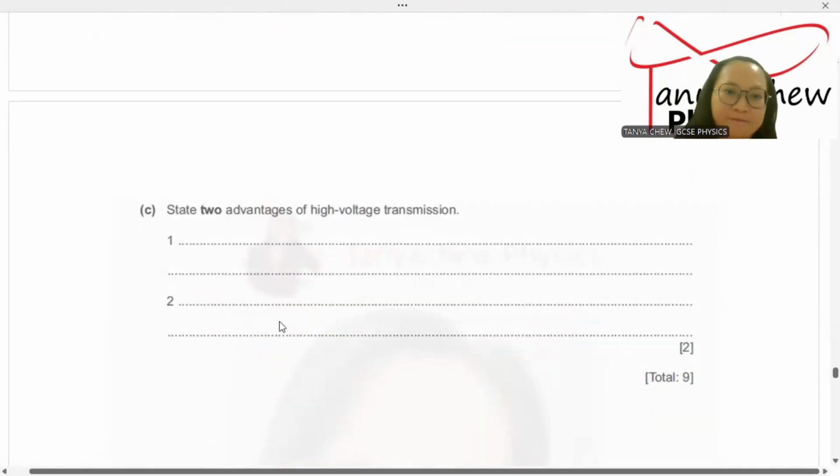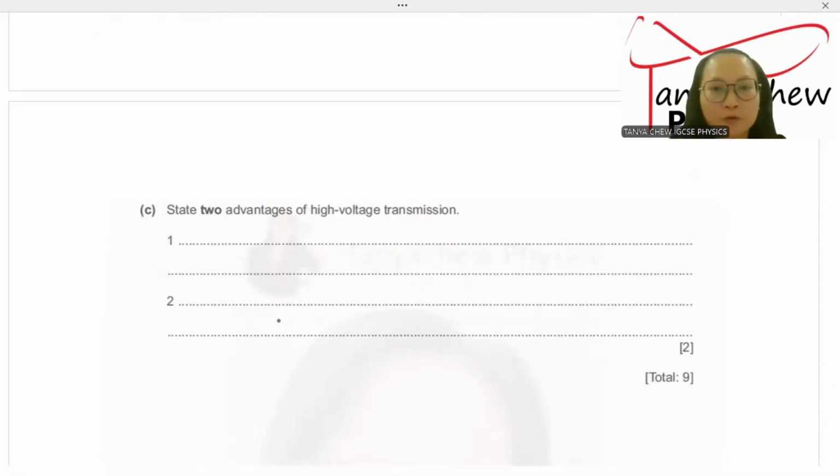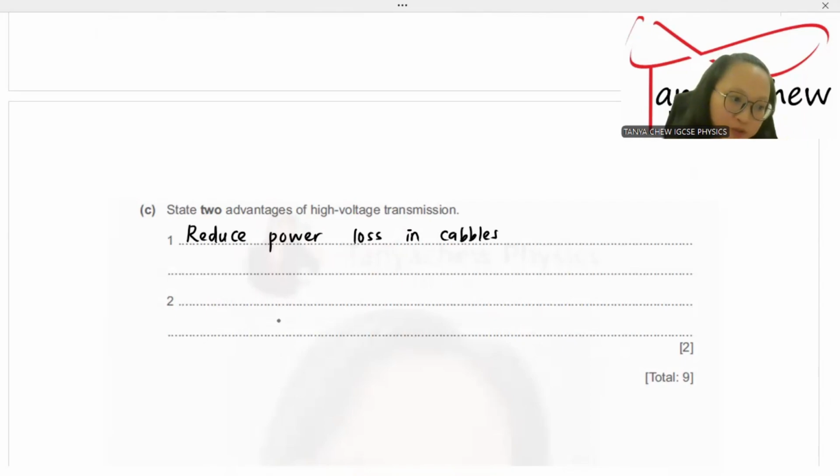C, state two advantages of high voltage transmission. So for high voltage transmission, the main advantage is to reduce power loss in transmission cables.